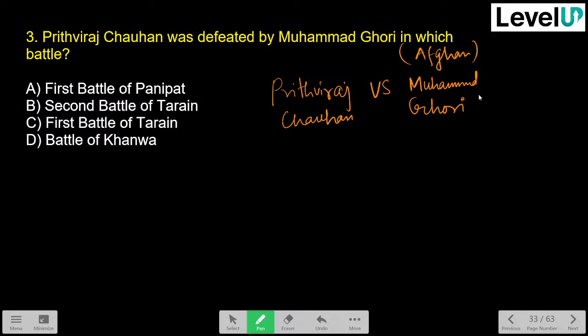Muhammad Ghori was first defeated in the first battle of Tarain, in 1191.